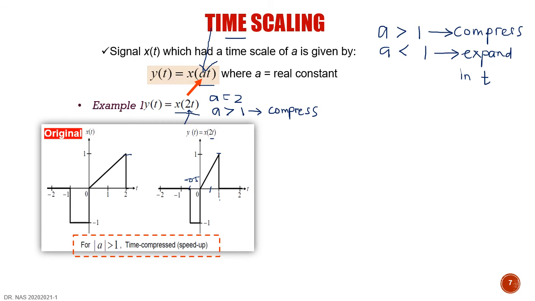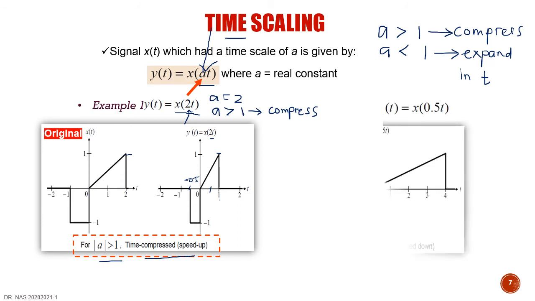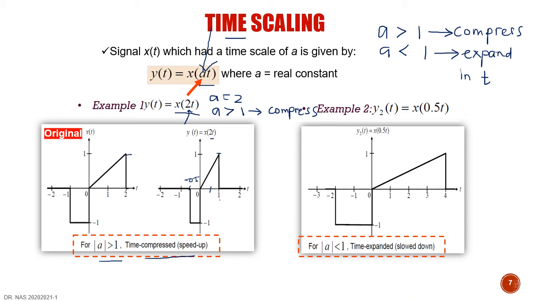So when A is larger than 1, the signal will be compressed or sped up, meaning that the frequency is increased. So let's look at another example where A is less than 1.